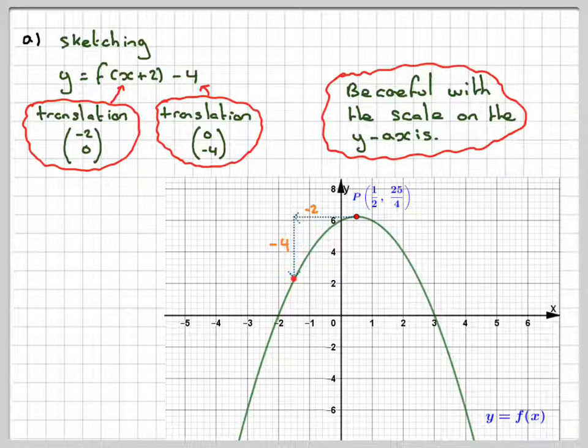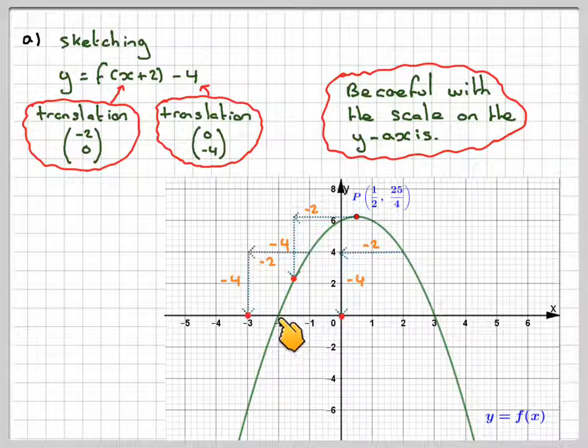And then if we take some other convenient points, like this one here, and go back 2 units and then down 4 units, don't forget that's just going to be two squares on there. That will take the point to a new root, which is going to be at minus 3. And similarly, this point here, if we go back 2 units and then down 2 units, we're going to get another point here.